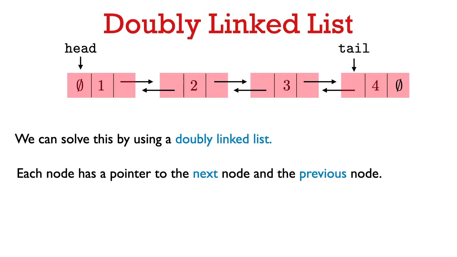We can fix this problem with what's called a doubly linked list. So we just update our struct so that each node has both a next pointer and a previous pointer. And the picture looks like this. So now I've put the data value in the middle, and the box on the right is the next pointer, and the box to the left of the integer is the previous pointer.